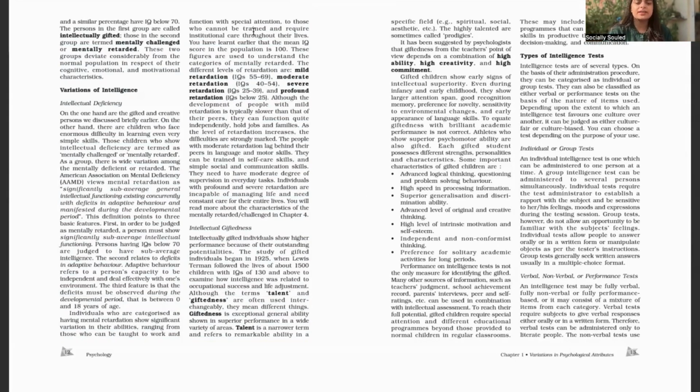We have already done this in the earlier class. You have learned earlier that the mean IQ score in the population is 100. These figures are used to understand the categories of mental retardation, the different levels of retardation.